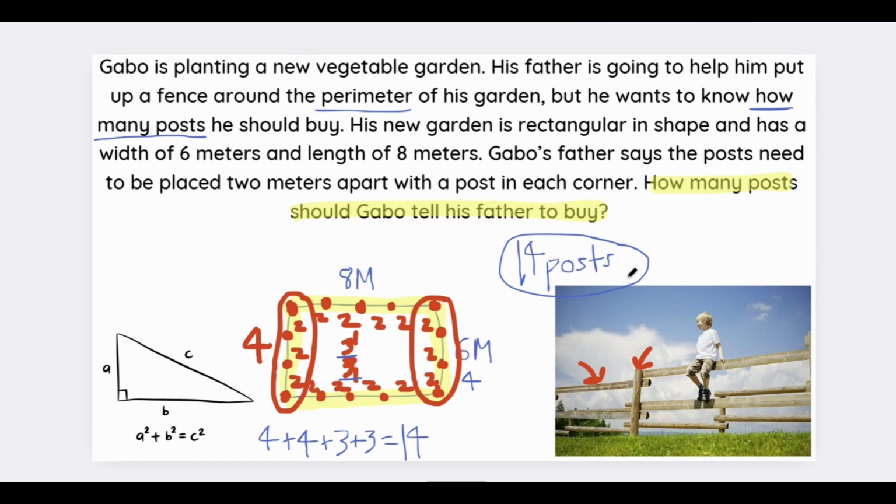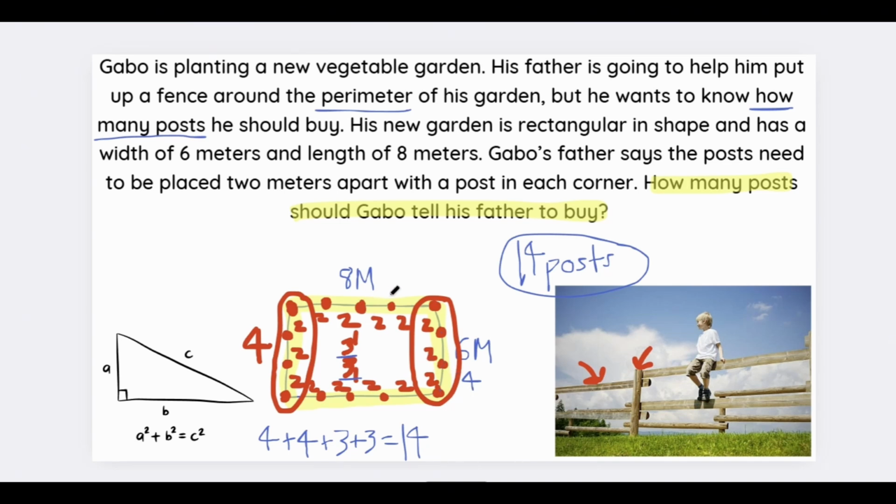And you could go back to verify this. You could go back and double check your diagram to make sure it is correct, and let's make sure our sides are correct. So it's 6 meters on this side, 2, 2, 2 is equal to 6.